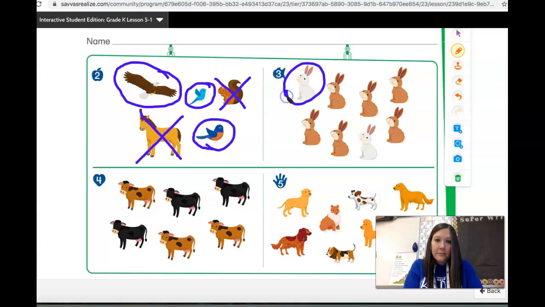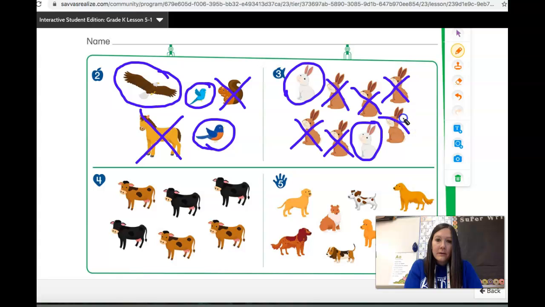Circle it. Brown rabbit. That one is not white. Not white. Not white. Are you guys doing this along with me? Putting an X on the ones that are not white, and we are circling the white rabbits. Very good. We just put those bunny rabbits into 2 groups. White rabbits and not white rabbits.